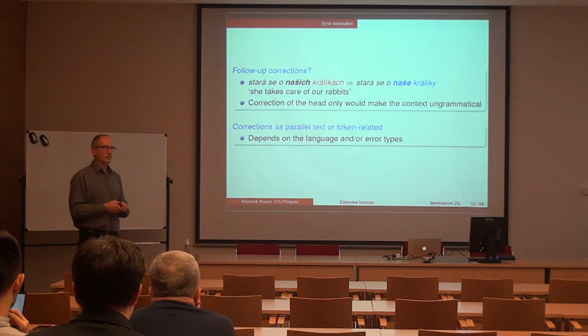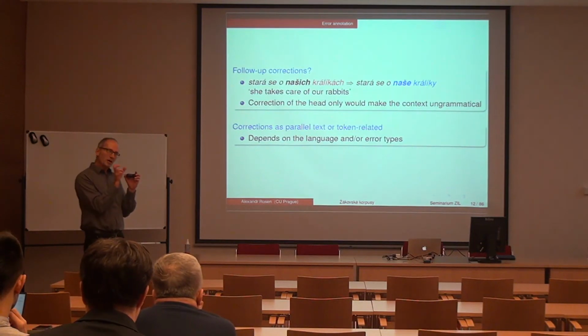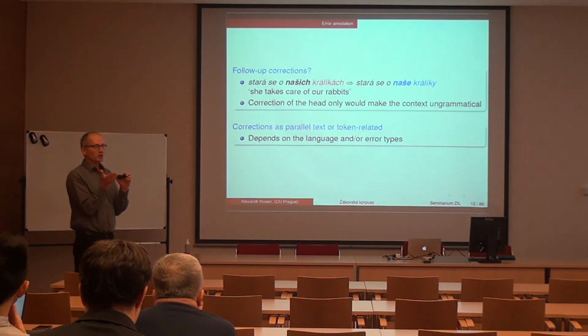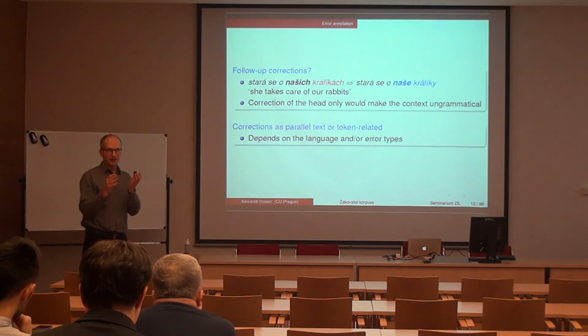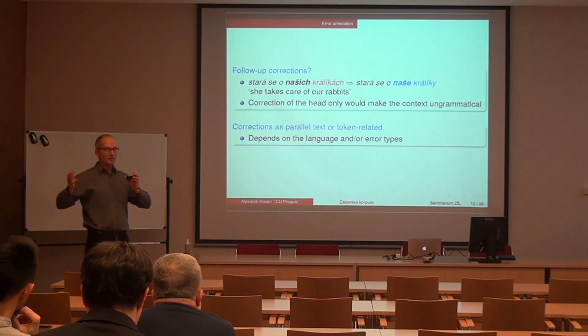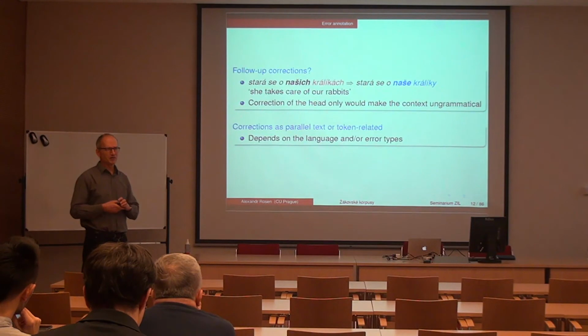So you have the token-based error annotation, which you can do basically inline, really in the text. It's sequence-based, and you may have some XML formats to deal with that, and you have word for word.